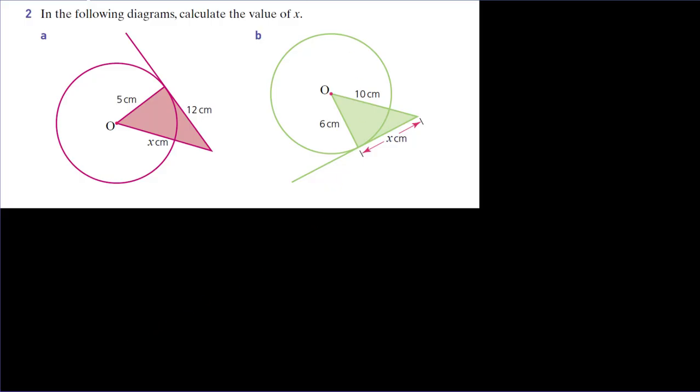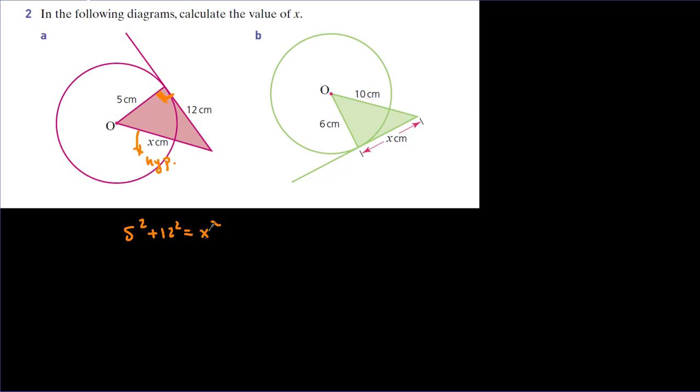Here also we can apply the Pythagorean theorem and find the length of the lines, because the angle between the center line segment, which is the radius, and the tangent line is always 90 degrees. So if I know that this angle is 90 degrees, it means that 5 squared plus 12 squared, because this is a right triangle now with legs 5 and 12, and x is the hypotenuse, is equal to x squared.